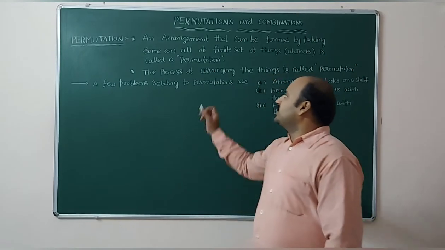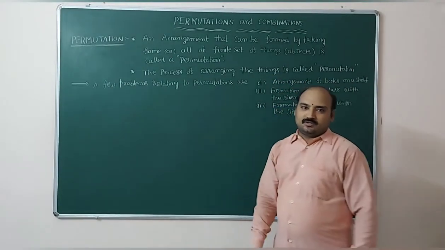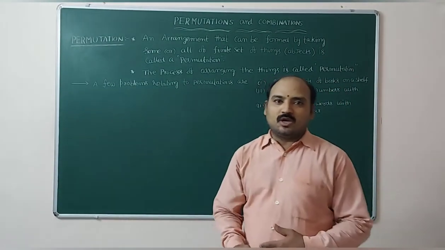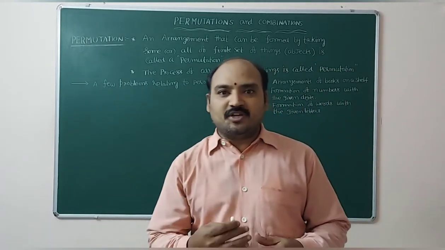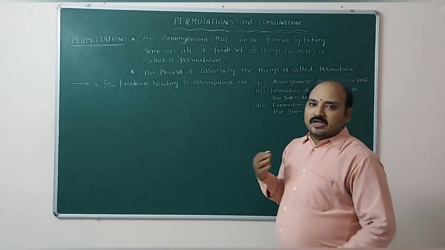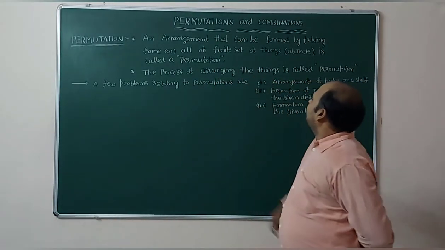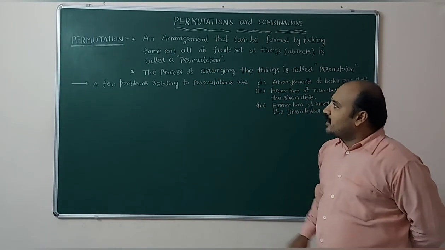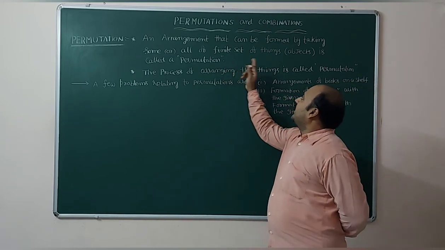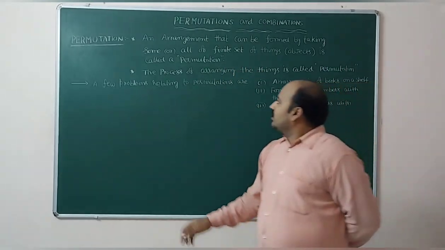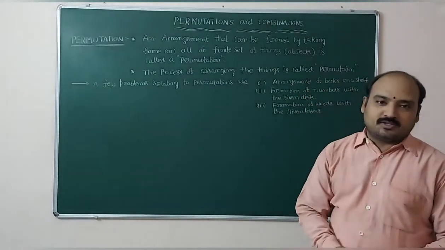Here, the definition of permutation, where we will use it, how we are going to apply permutation in daily use. An arrangement that can be formed by taking some or all of a finite set of things is called a permutation.